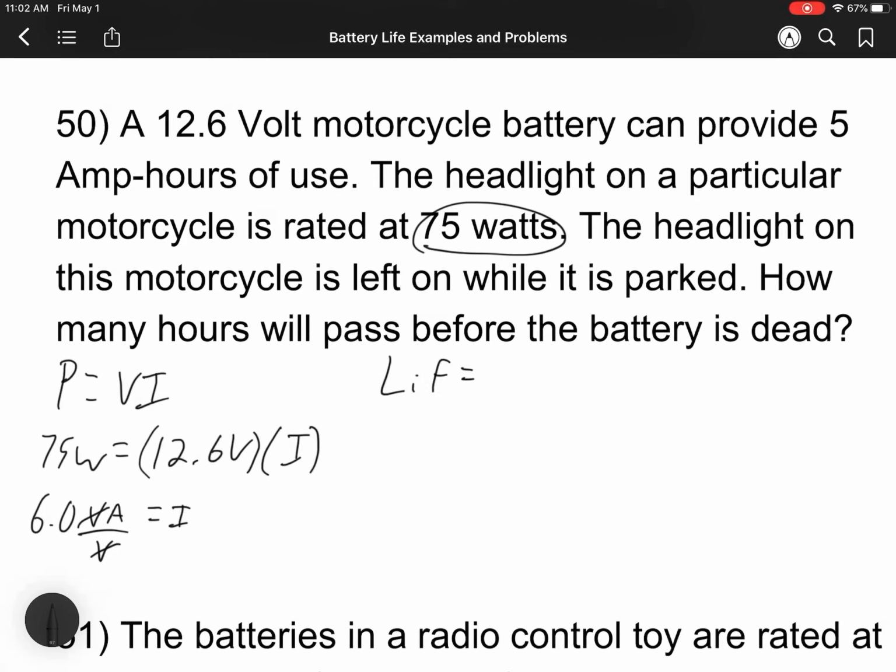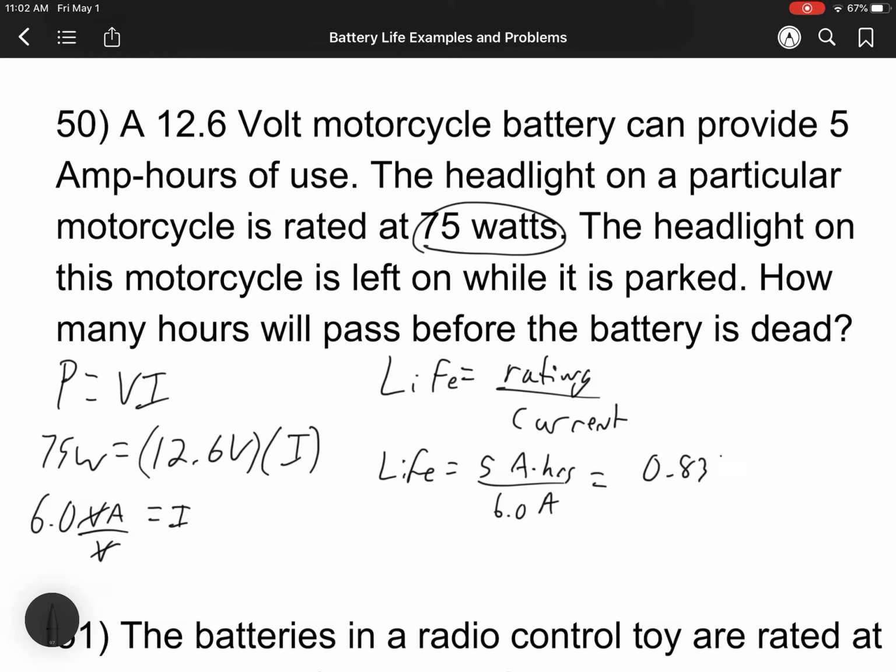So life is equal to rating divided by current. So life is equal to 5 amp hours divided by 6 amps. So it's going to be 0.83 hours until that motorcycle battery is dead.